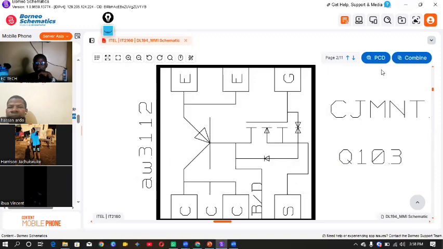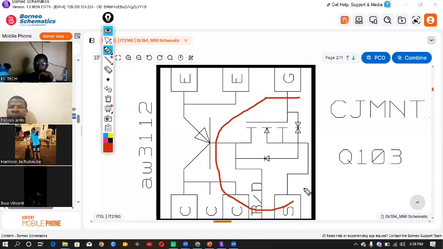Now back to the schematics. So what type of MOSFET is this? The P channel? Yes sir, this is the N channel. If it's P channel, what is your reason? If it's N channel, what is your proof? Because this thing is facing opposite.